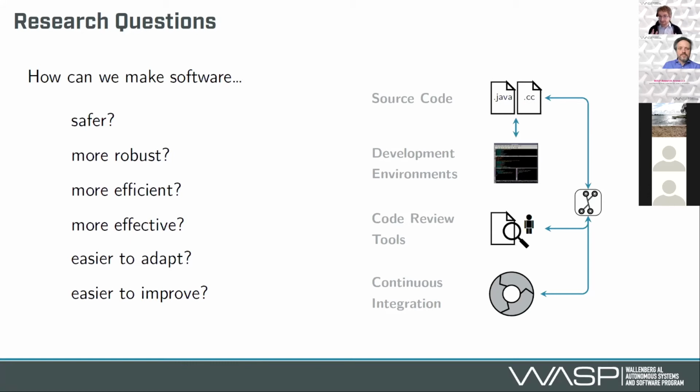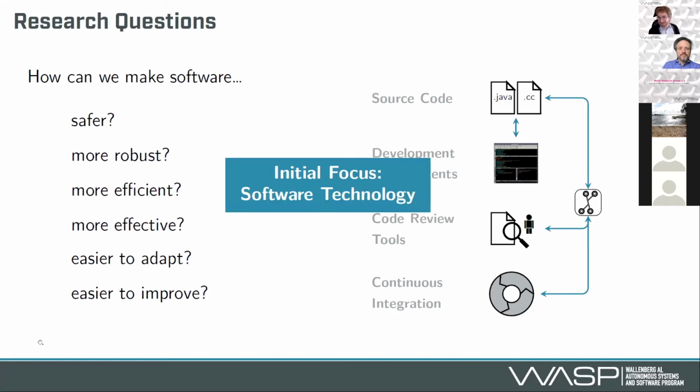This software technology, as we see on the next slide, highlighted in text, is what we are trying to focus on and to build up as a research arena. We're not trying to completely distance ourselves from other software activities, of course.